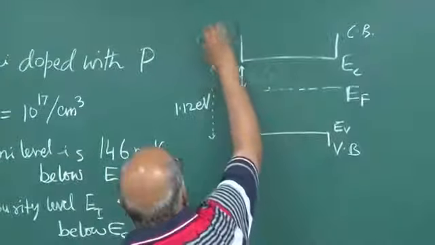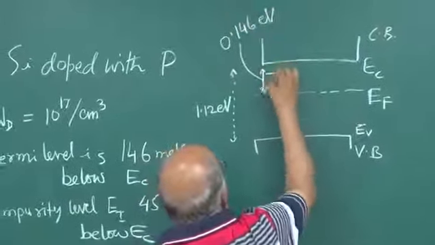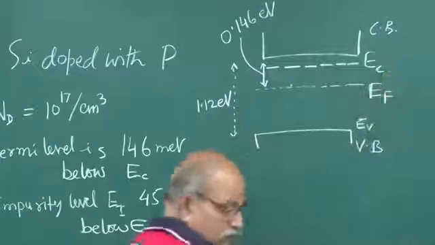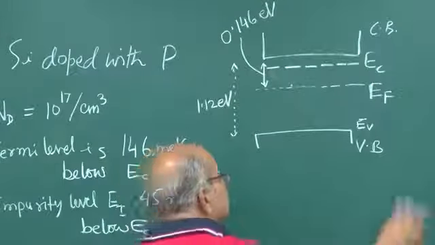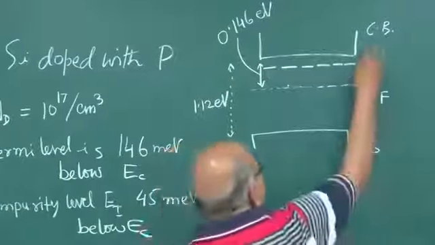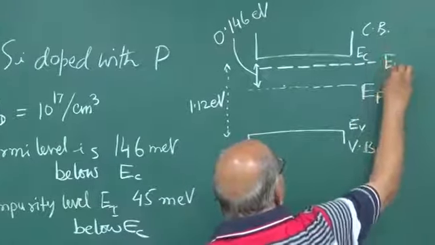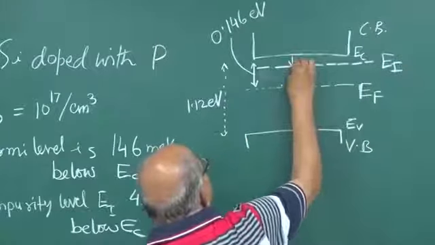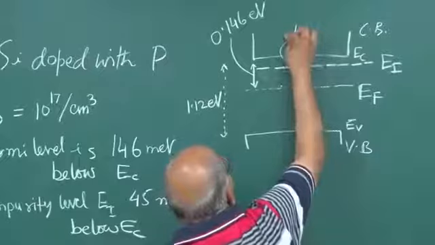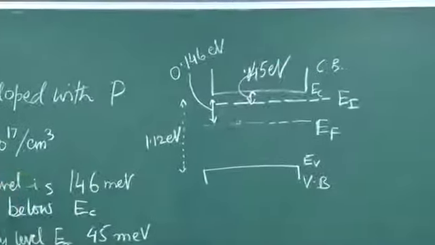This is 0.146 eV, and then the impurity levels are formed somewhere here. So a lot of space problem. This is EC, and then this is EI, the impurity level, and this separation is 45 meV, so 0.045 eV. So these are the data given.